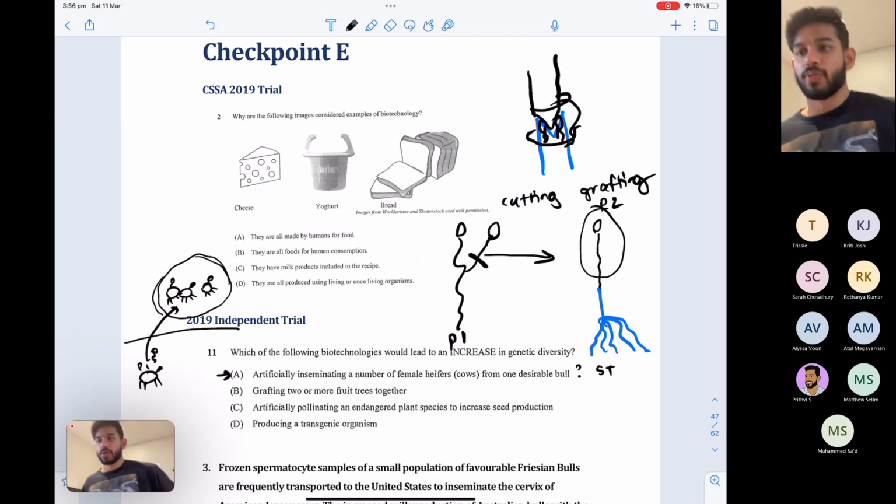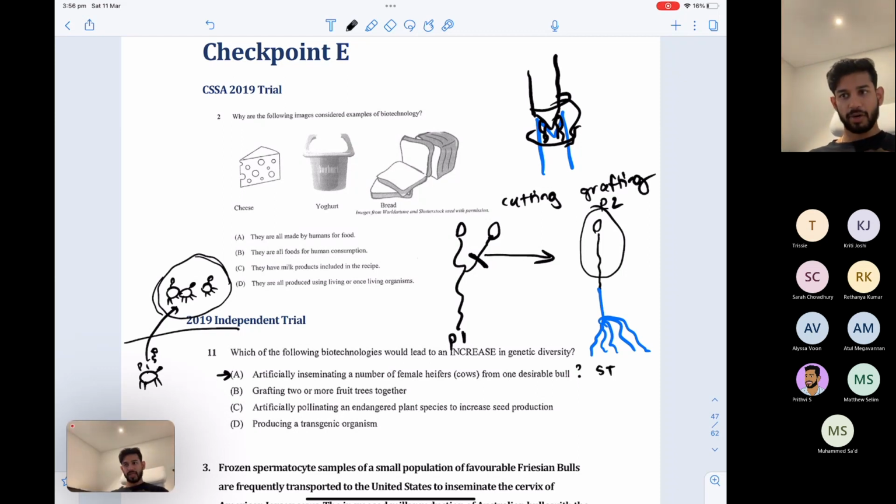Okay, so one thing to know about cloning is you're making a copy of a plant. I wouldn't say it's increasing genetic diversity. So I put a cross here because this is plant cloning. Yes? Cross. What about C? Artificially pollinating an endangered plant species to increase seed production.